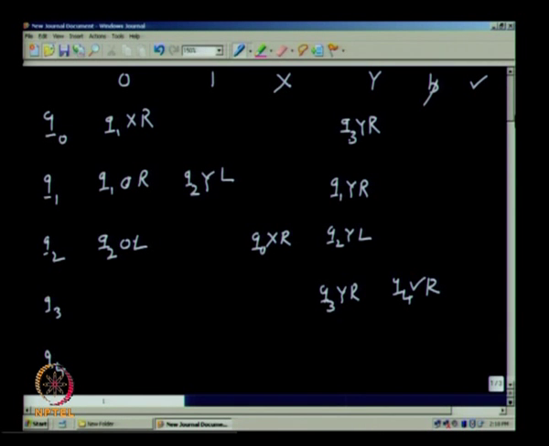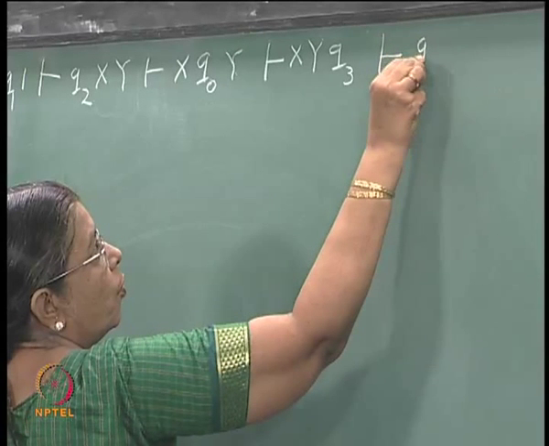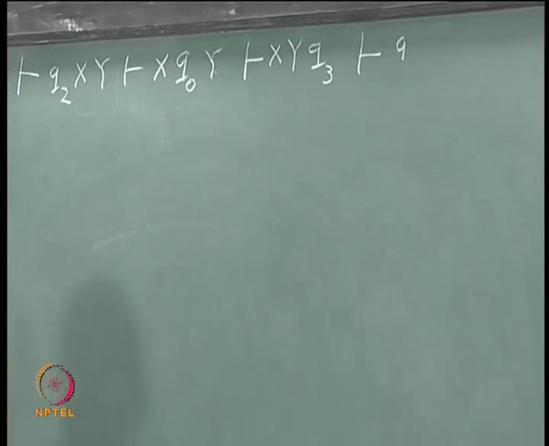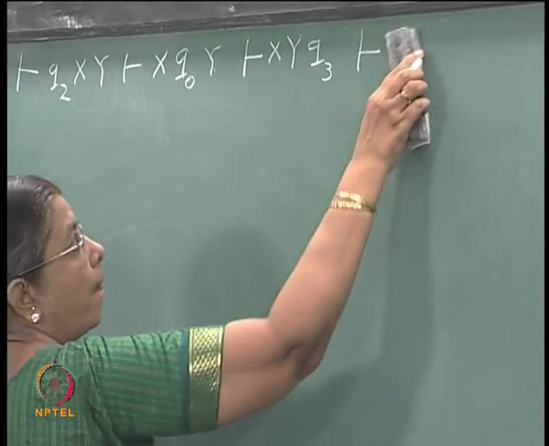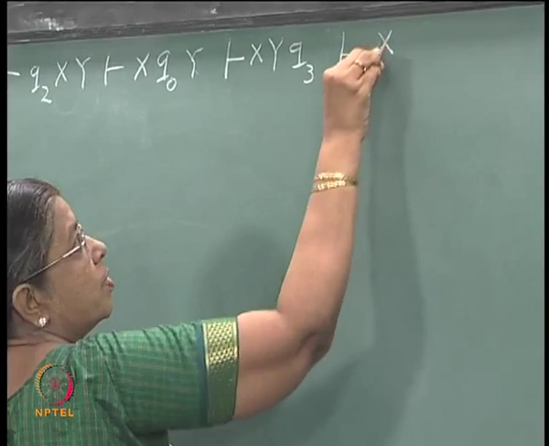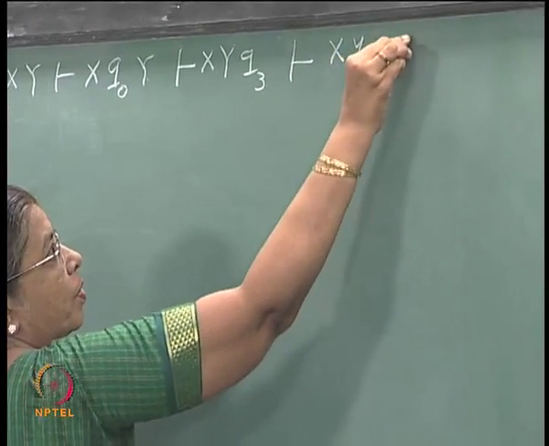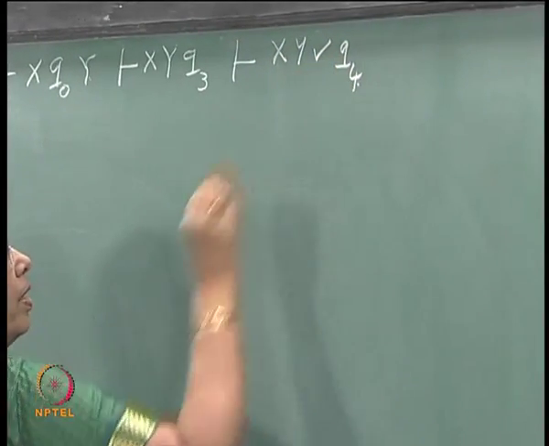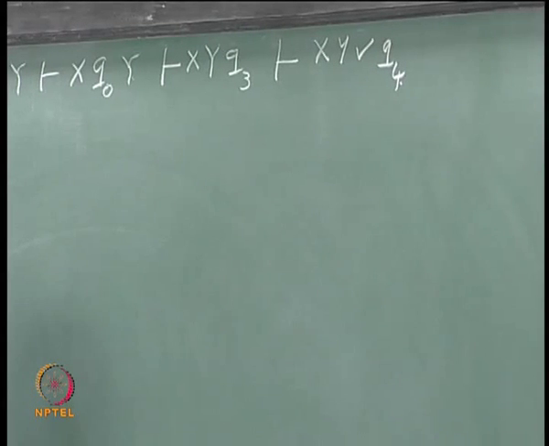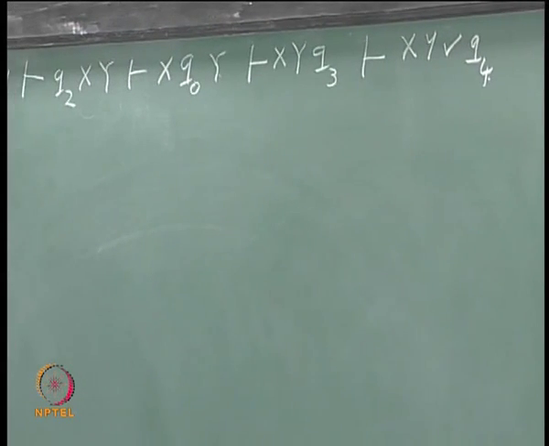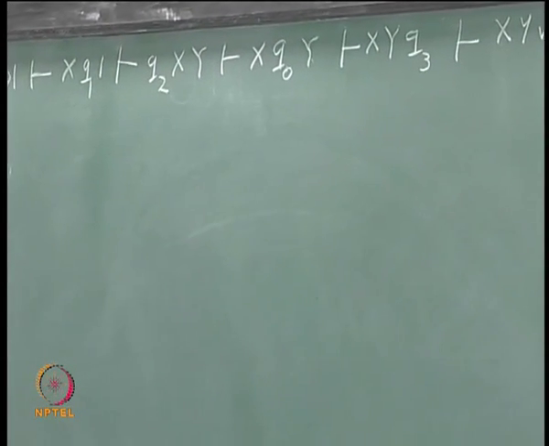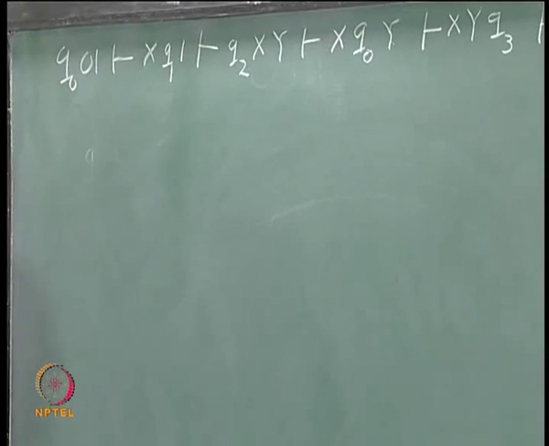In Q3 when it sees a blank, it goes to Q4, puts a tick mark and halts. This is the sequence of IDs which leads you to acceptance.